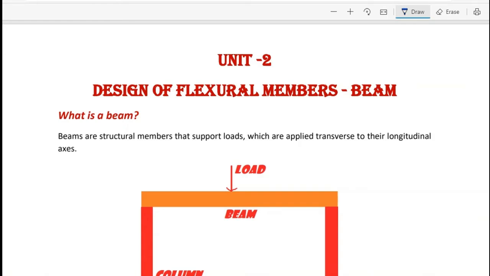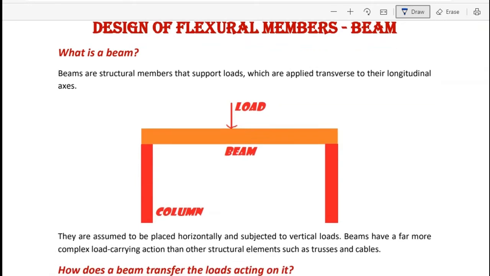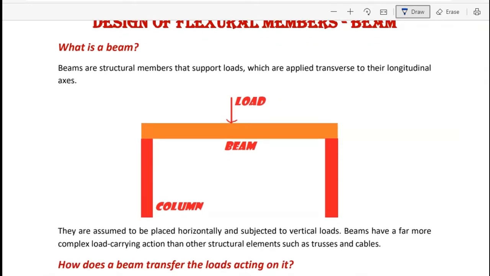All right, let me show you that in this given figure. So this is a simple beam and column setup, a frame, and this beam has an axis passing through the centroid of that beam, and that axis is nothing but the longitudinal axis.